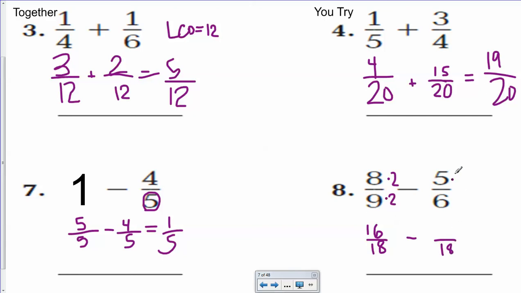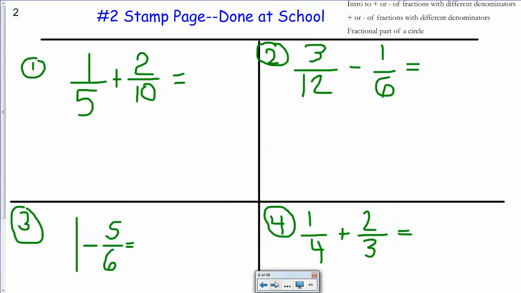I multiply by 3, so I have 15. So I'm going to be left with 1/18.